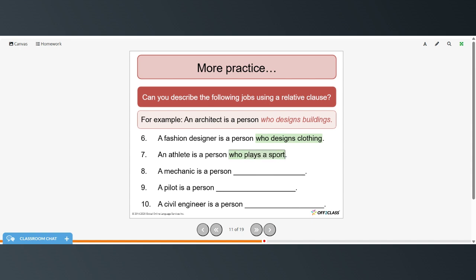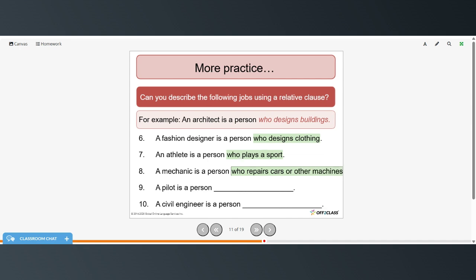An athlete is a person who plays a sport. A mechanic is a person who repairs cars or other machines.